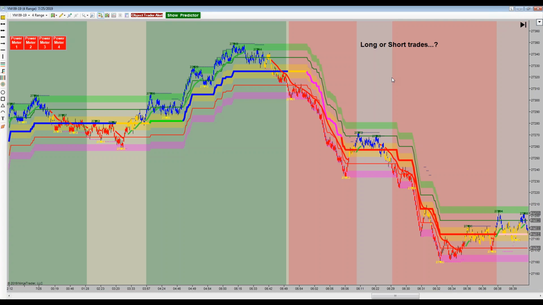I'll give you 10 seconds. What kinds of things would you say are important to determining whether you should be taking the long side or the short side of the market? What factors should you consider? Just type in what you think is important.